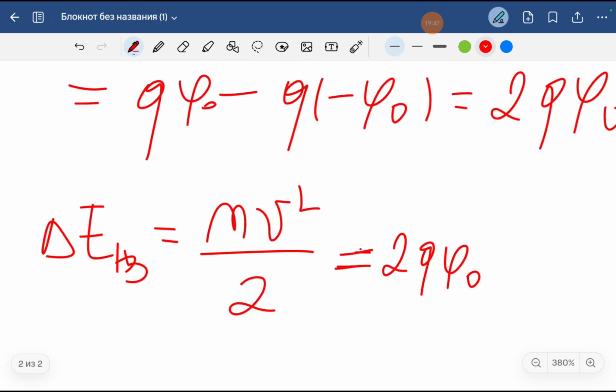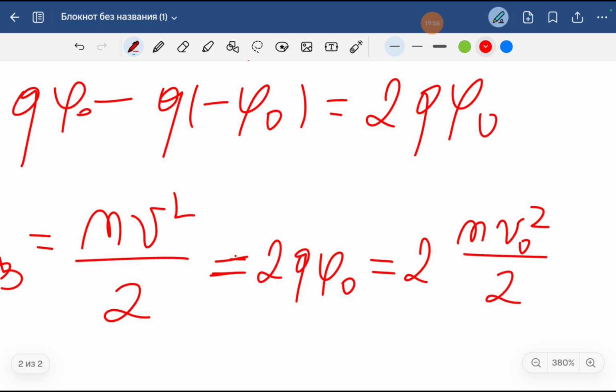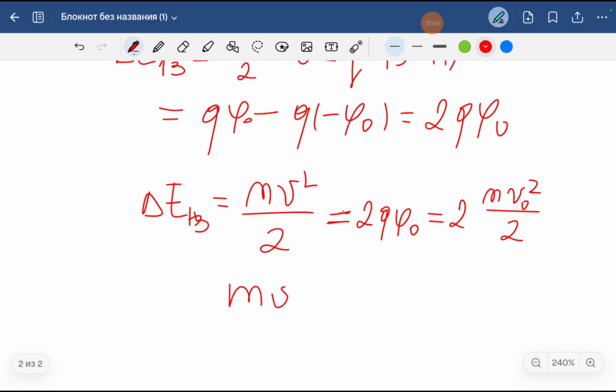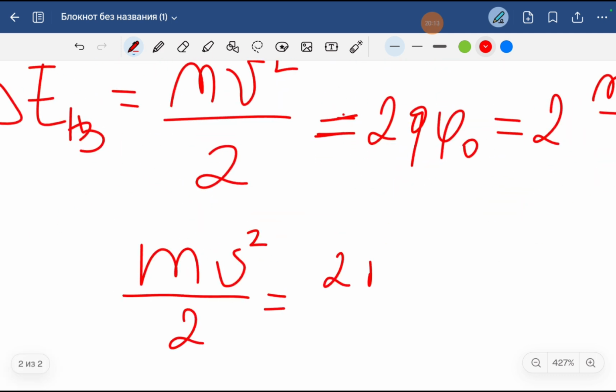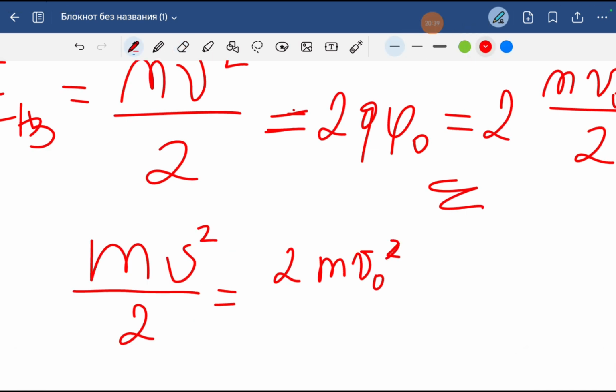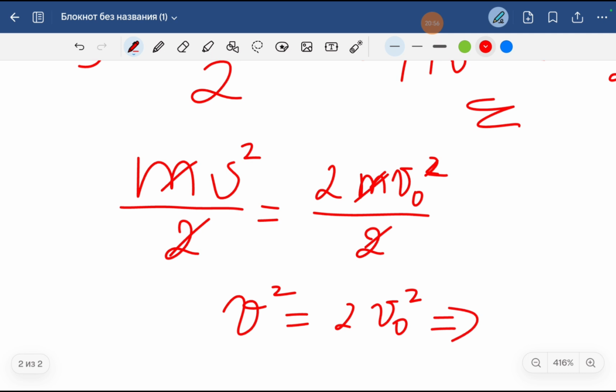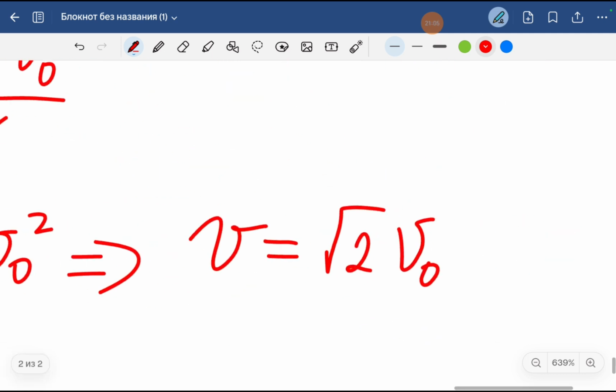This means that the kinetic energy at point 3 is twice the kinetic energy at point 2. From this, we find the expression for the bead's velocity at the moment of collision with the hemispherical shell. This velocity must be square root of 2 times the velocity at the moment of passing through the center of the shell. And that's it. This is the solution.